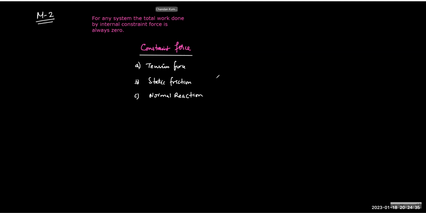Can you move into the tiles? No, sir. So in which direction can't you move? Normal to the surface. So why are you not moving? Because the normal is stopping you. So can we say the normal is putting a constraint that no one can move into the surface? Yes, sir.